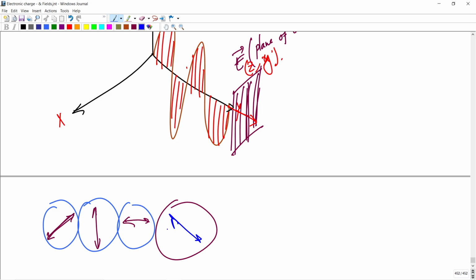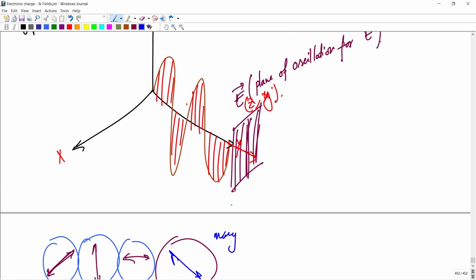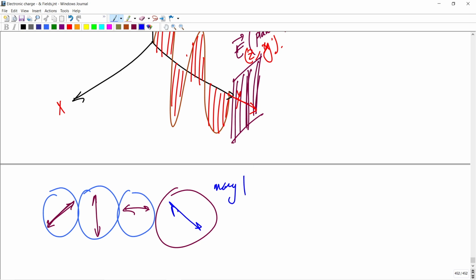So there are many possibilities, many planes of oscillation.